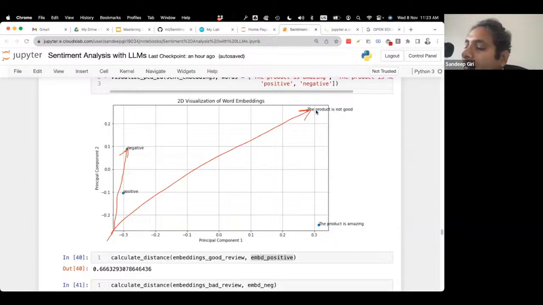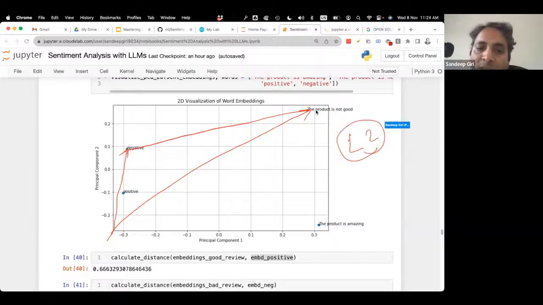How would you find this distance? How do you find the measure of distance? One of the measures is what you call L2, also called Cartesian, and there are multiple words to represent it. So this one is L2 distance, like what we just did.